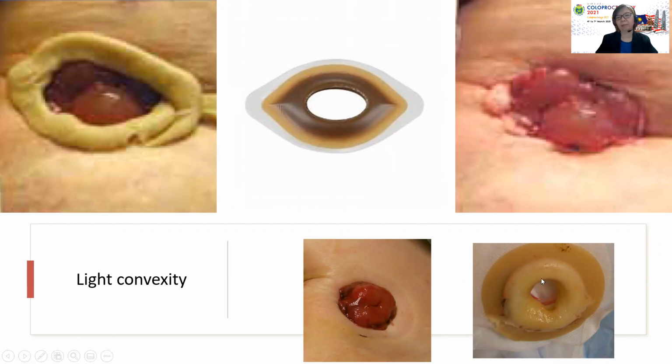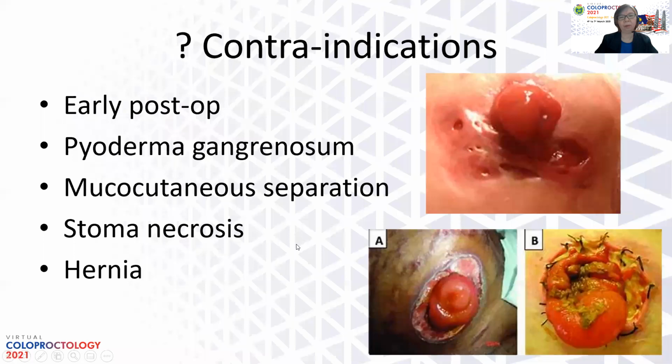Sometimes you can even add the convex ring onto the back of the skin barrier for those patients who have a stoma slightly protruding, but the surrounding skin is sunken in. This is quite easy for a patient to manage on their own as well.